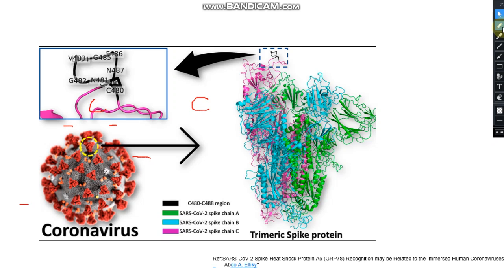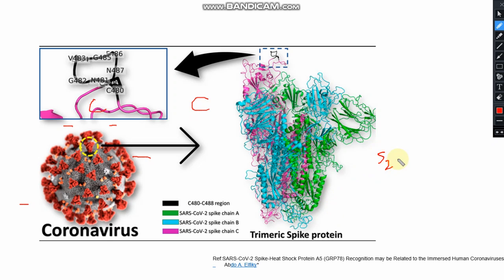Here you see the trimeric spike protein, and this trimeric core is the S2 part that, as I mentioned before, is cleaved into S1 and S2.